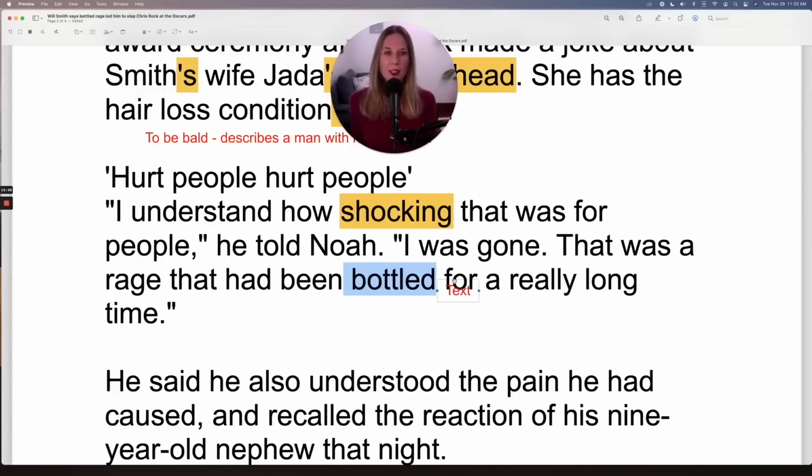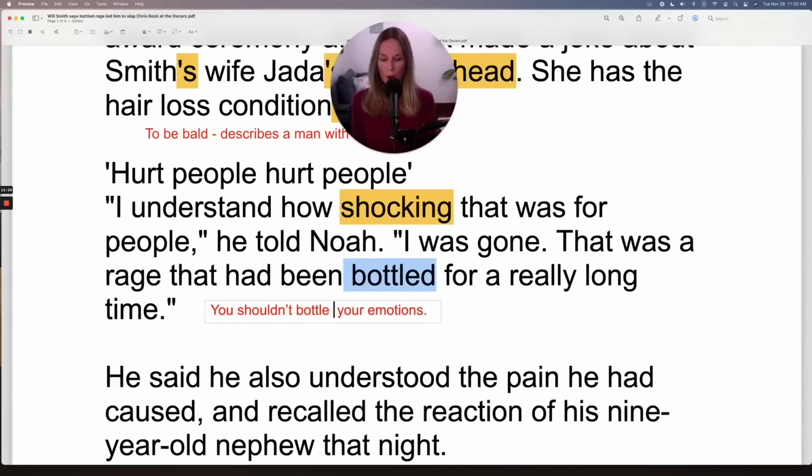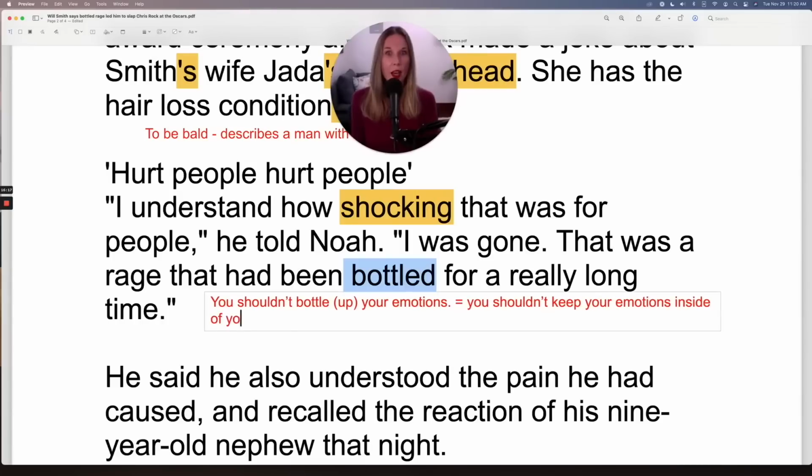So because we've seen this a few times, we do have some common expressions. Generally, we say you shouldn't bottle your emotions. Sometimes we add the optional preposition up to create a phrasal verb, to bottle up. You shouldn't bottle up your emotions, which means you shouldn't keep your emotions inside of you.